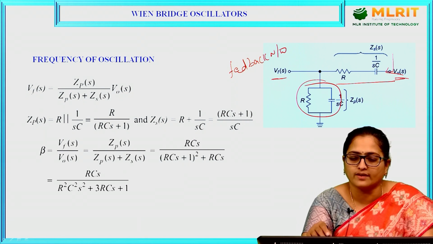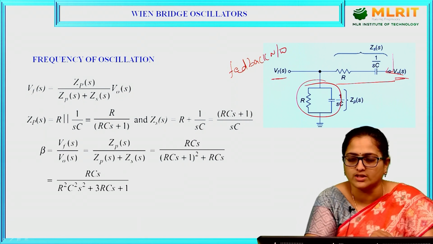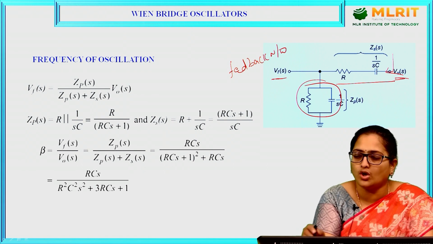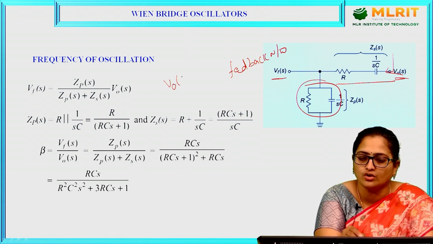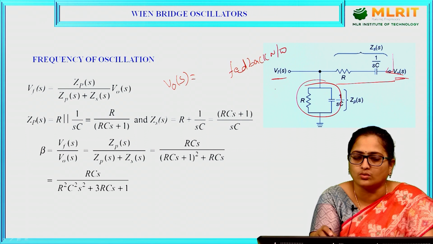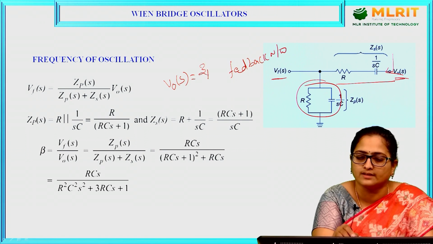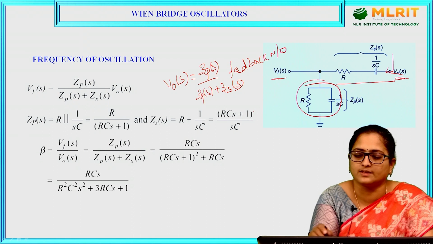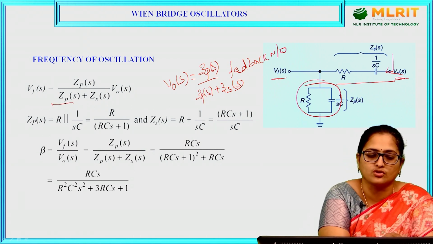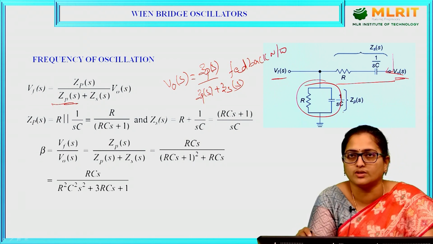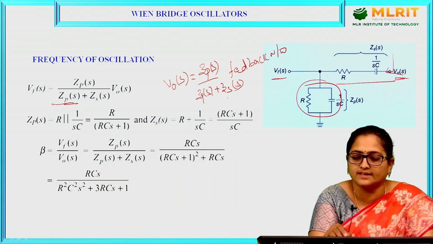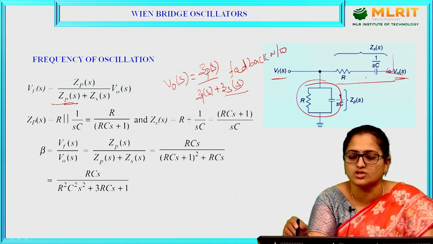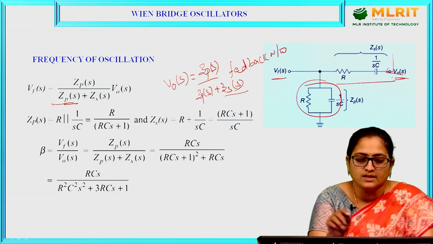Here Vf of S can be determined by using the voltage divide rule as V0 of S into the opposite voltage, that is Zp of S divided by the total impedance, which is given as Zp of S plus Zs of S, where Zp of S represents the parallel combination of R and C, and Zs of S represents the series combination of R and C.